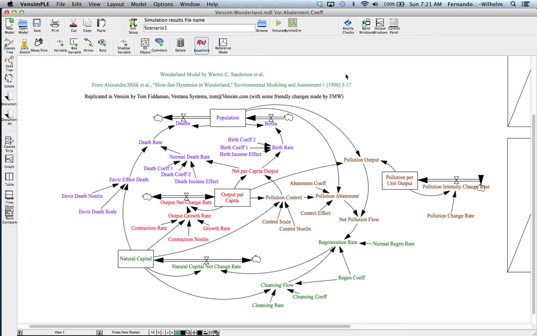This model, by the way, was based on the original reference by Warren Sanderson, which is provided in the readings for this lecture. But this model was replicated in VENSIM by the folks at Ventana Systems, by Tom Fitteman, and I made some friendly changes. I moved some things around to make them a little more user-friendly, at least for me.